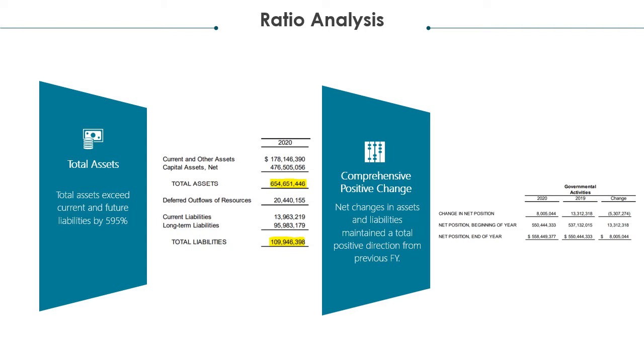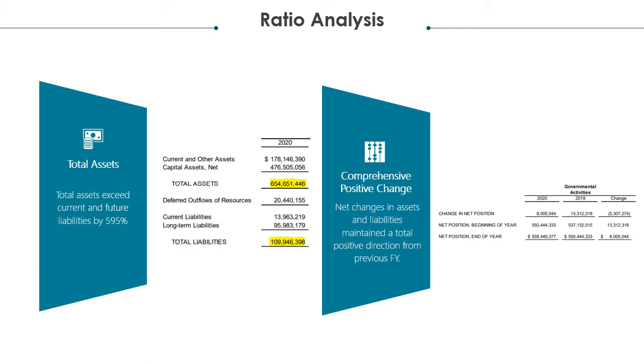So with the ratio analysis, one of the things that it takes a look at is how the total assets are compared to, or exceed, or in some cases are underneath the future liabilities.